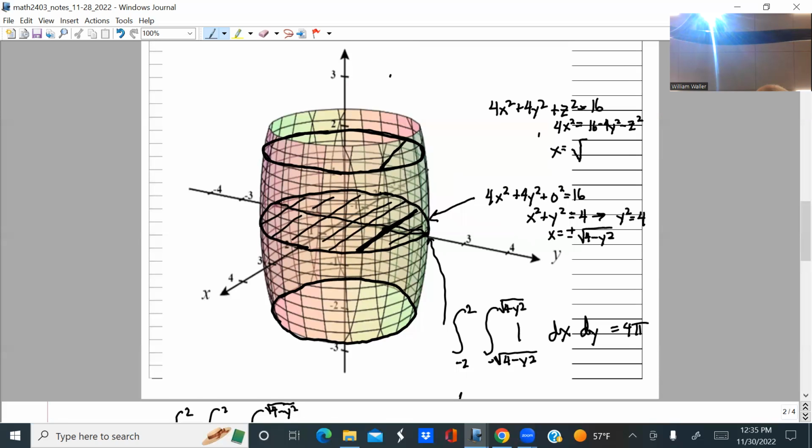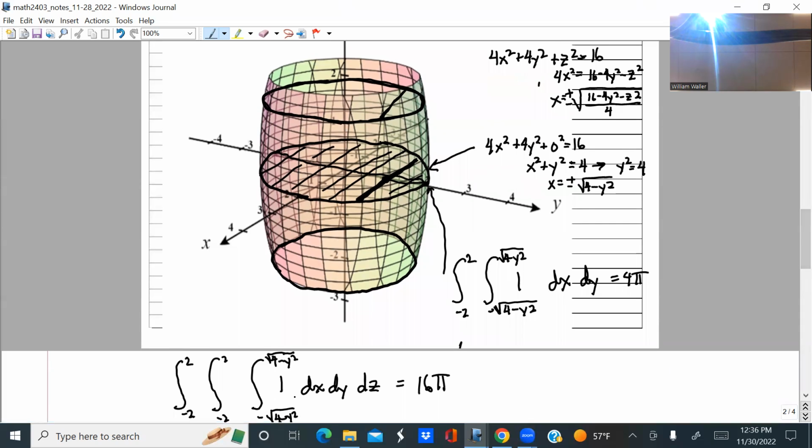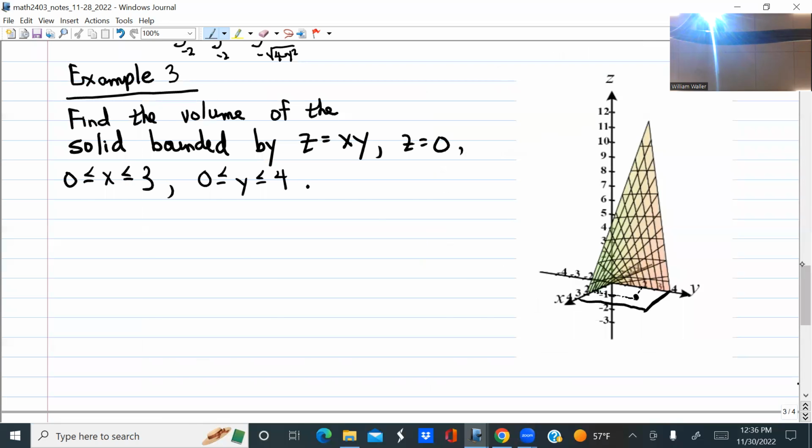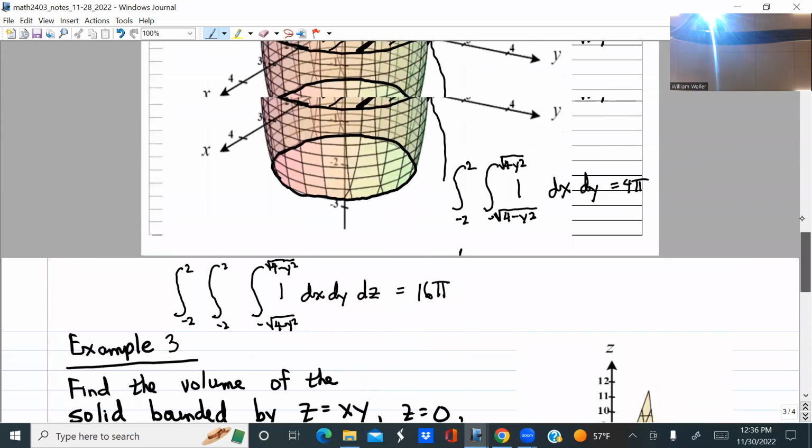So you get x is what? The square root of 16 minus 4y squared minus z squared over 4. And it's plus or minus. So if you want to calculate the volume of the barrel instead of a cylinder, these become the limits of integration for X. Just don't assume Z is 0. Just keep using Z as some value.